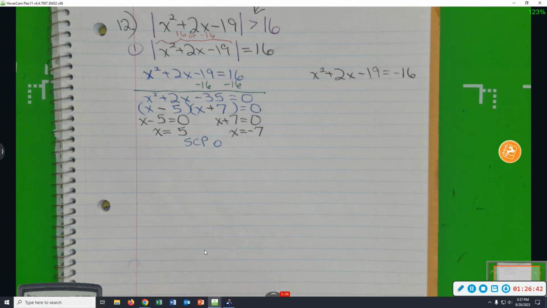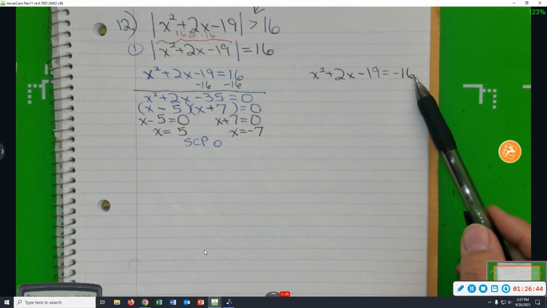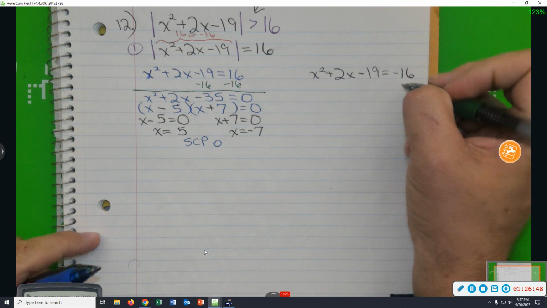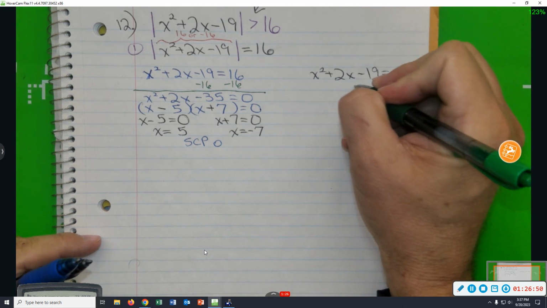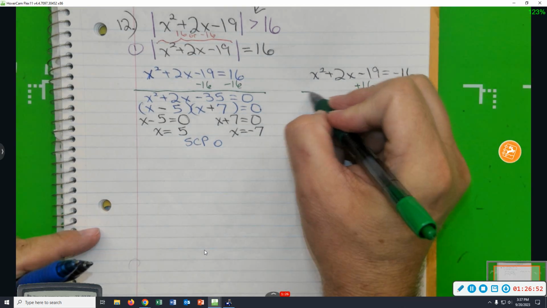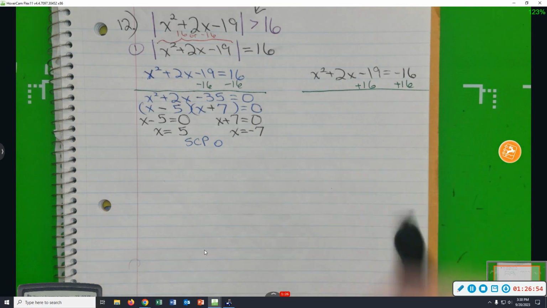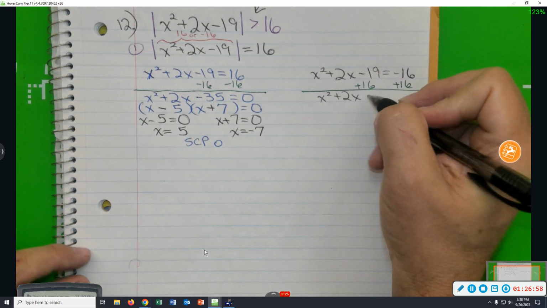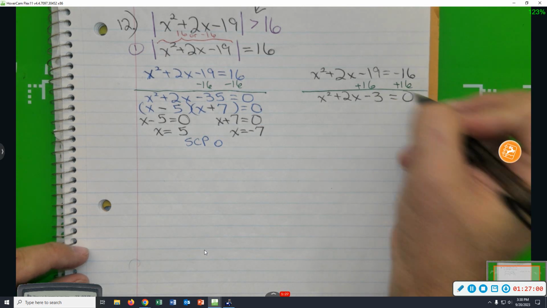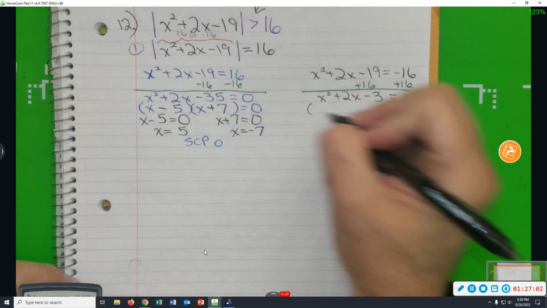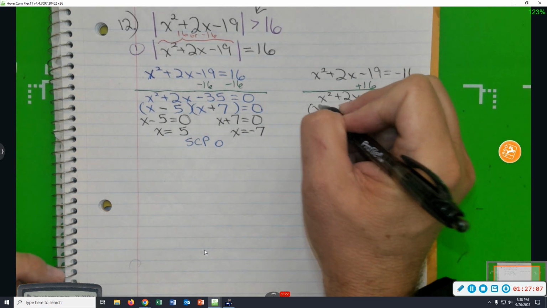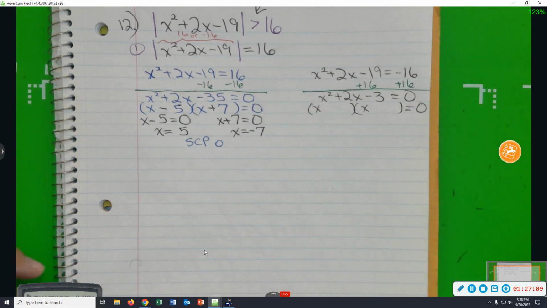And now this possibility, what am I going to do first? Okay, add the 16, good. That's given me x squared plus 2x minus 3 is equal to 0. And then we have x and x. Hey, what times what equals 3?